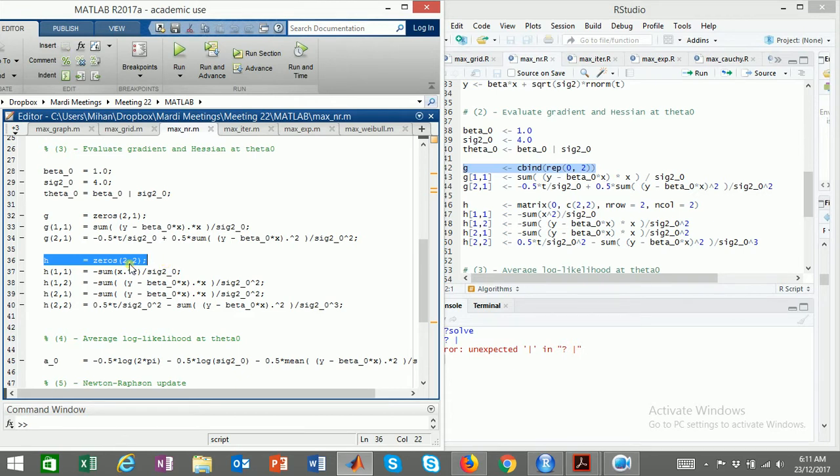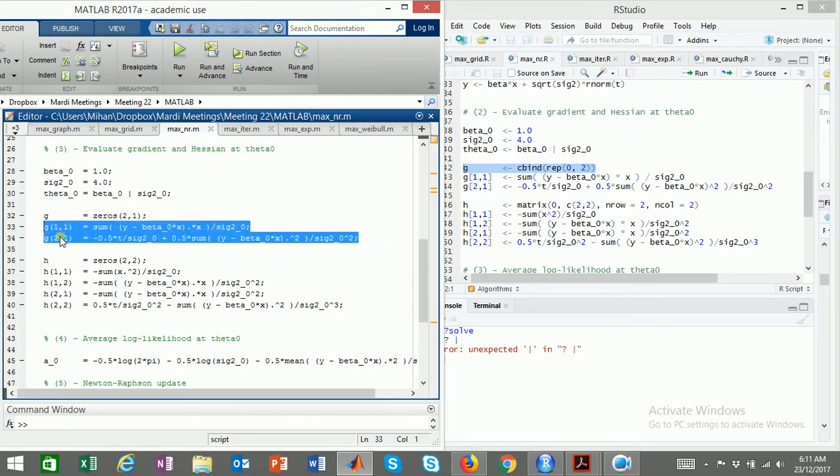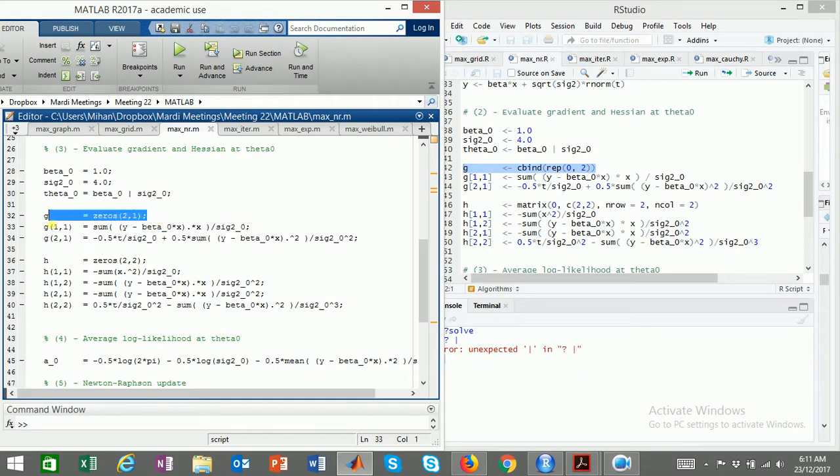We have 2 rows and 2 columns, and here we are filling everything up manually, by storing in one gradient matrix, which is n by k, 2 rows, n equals 2 rows, k equals, it's n by k, and it's k by k, which is a square matrix.